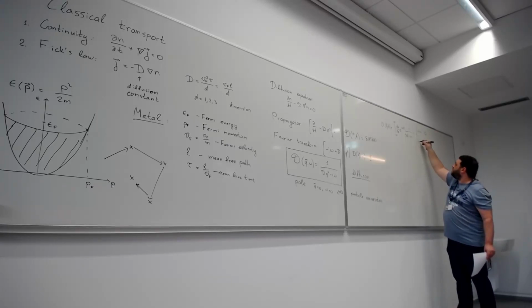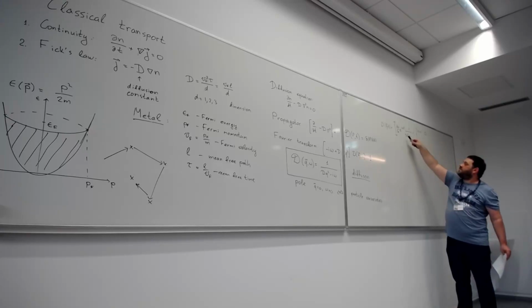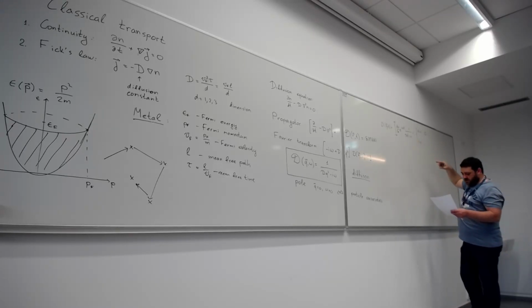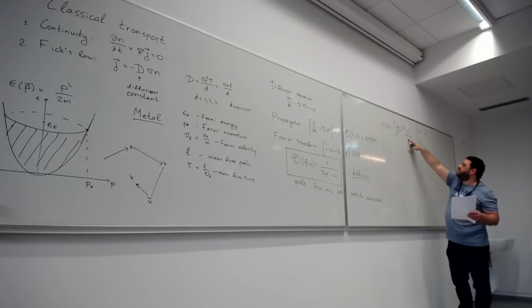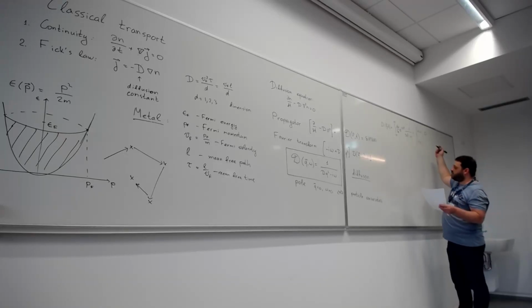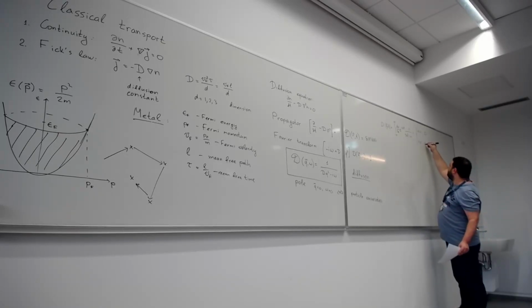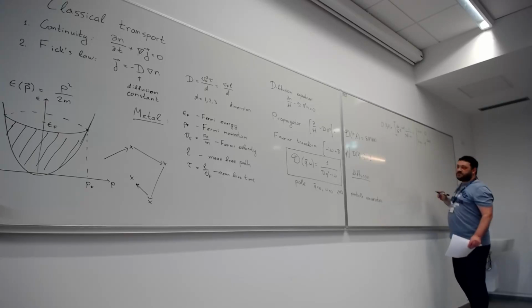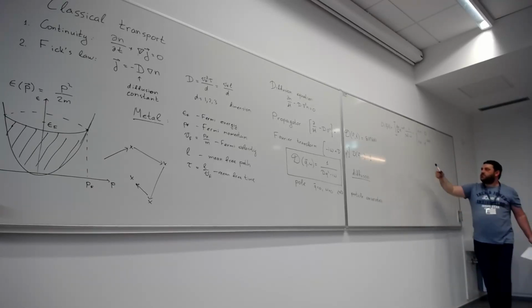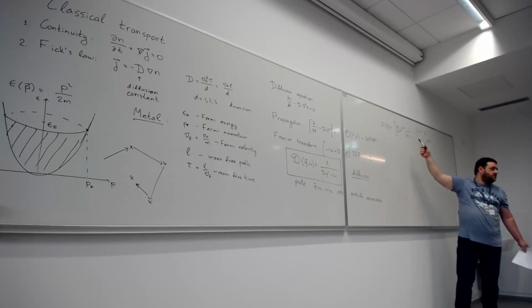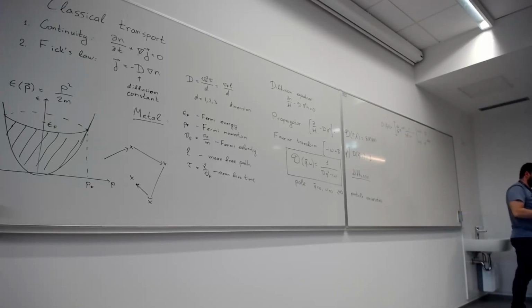And for positive time, the integration contour is completed in the lower half plane, and we pick up the residue in this pole, and what we get is just the exponent of minus Dq squared t. We should just replace omega here by minus i Dq squared.